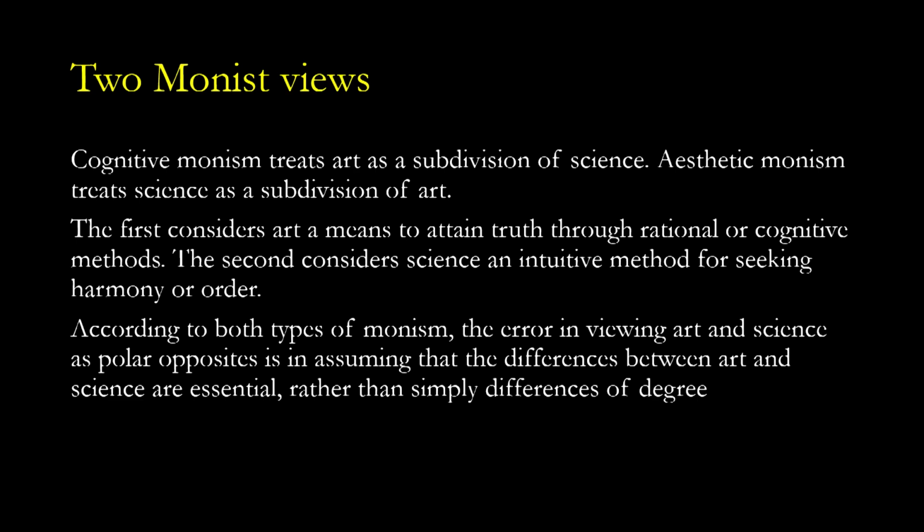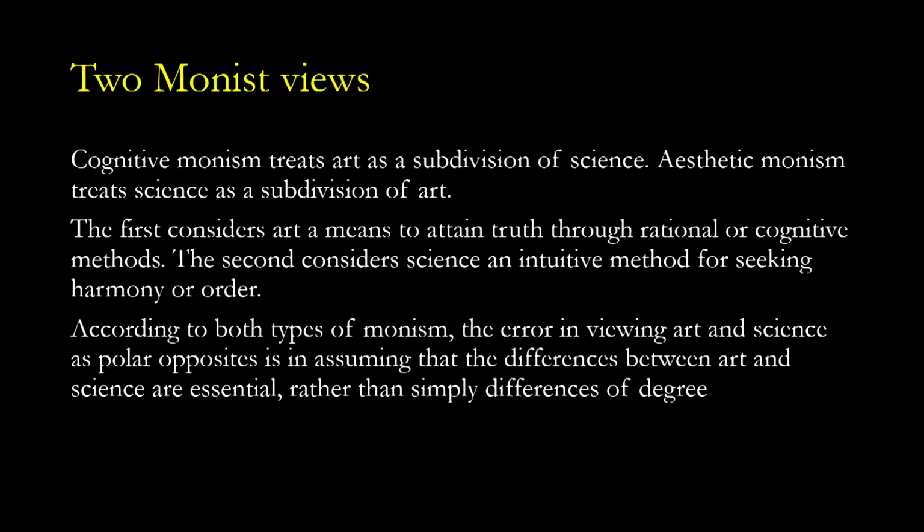Aesthetic monoism treats science as a subdivision of art. So, here we see that there are two views, cognitive monoism and aesthetic monoism. Cognitive monoism sees art as a subdivision of science, whereas aesthetic monoism sees science as a subdivision of art.